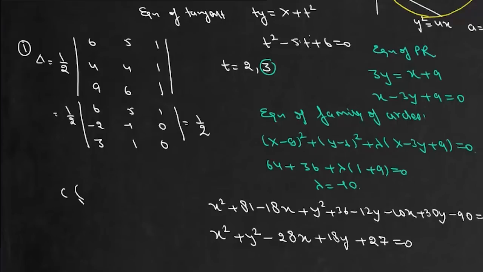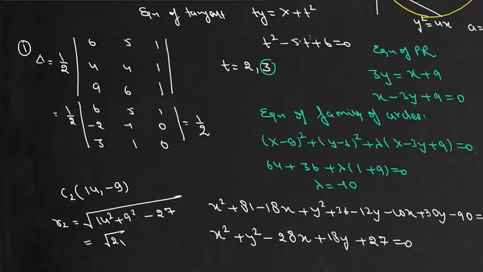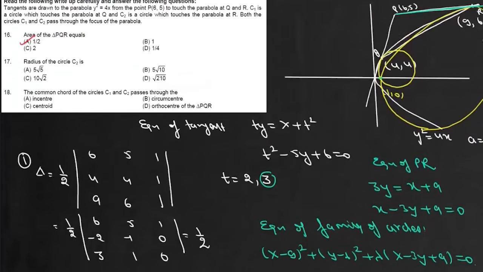Now the center of the circle is at 14, minus 9, and its radius will be the square root of 14 square plus 9 square minus 27, which is under root 250, which is 5 root 10. So the radius of this second circle is 5 root 10 and that's your option B.